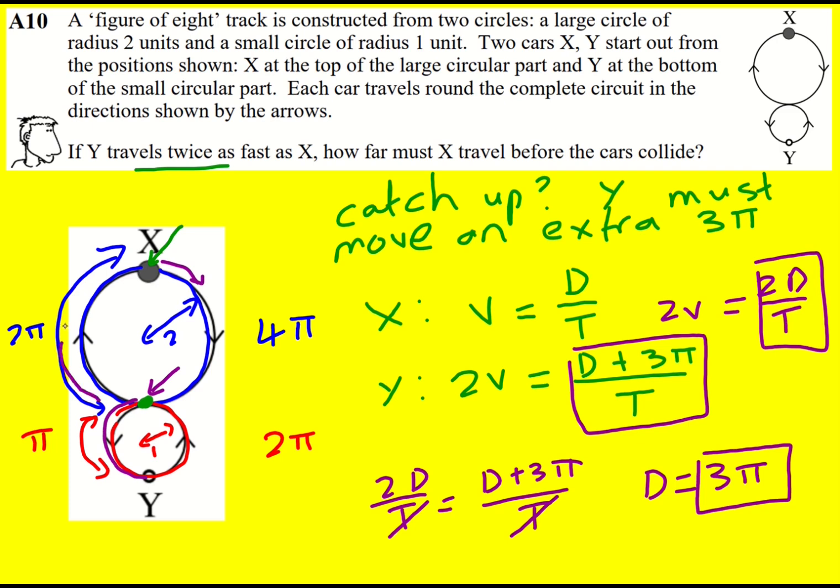And then y is going to be sort of catching up as x moves. And it's behind it now, but it's definitely going to catch up before x has moved this full 4 pi. You can just sort of see that by looking at it. So I feel like that's enough of justification for why they're going to collide when y catches up rather than in the middle.